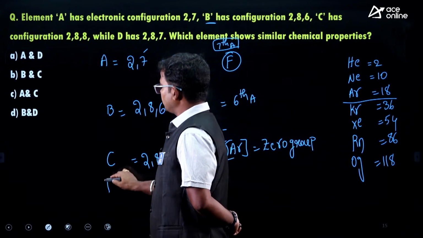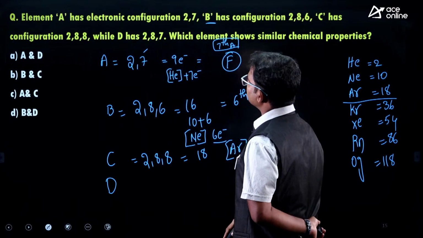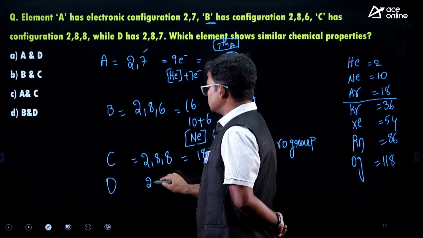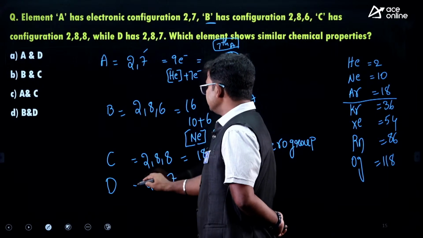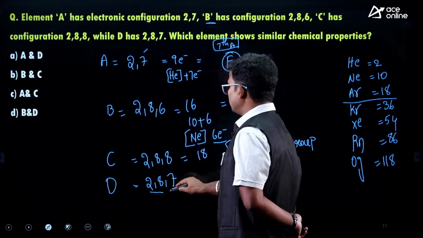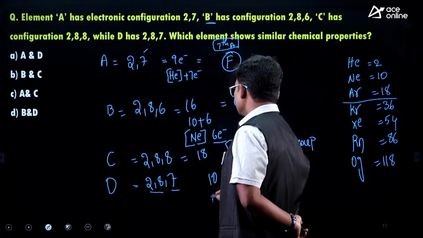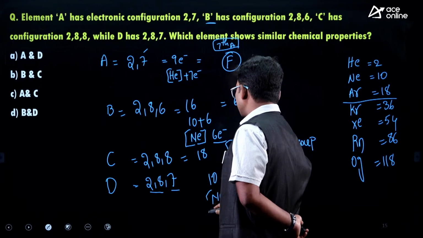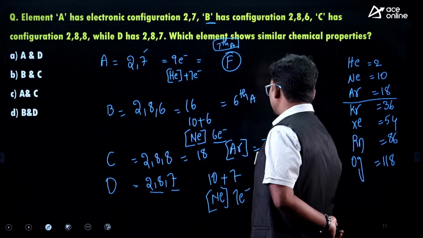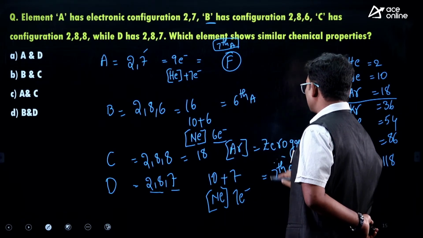Next one, D has 2, 8, 7, so totally 10 plus 7. 10 means neon, with 7 electrons in its valence shell. It means it belongs to the 7th A group.